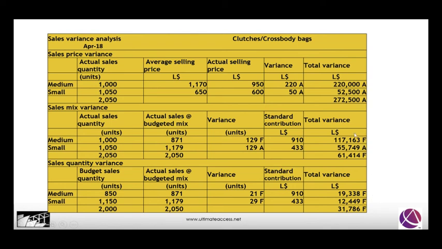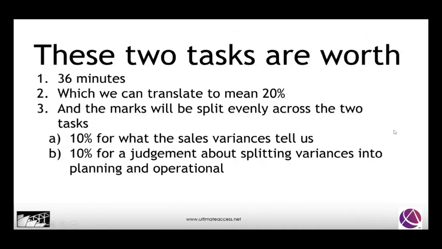So overall, a big negative variance, mainly because of the price cut, but the sales mix is favourable and the sales quantity is favourable.